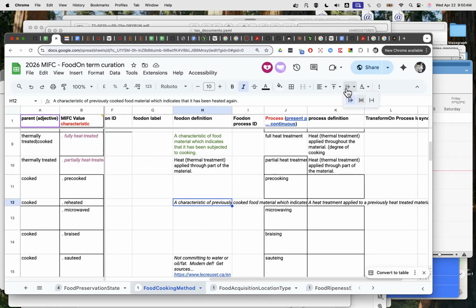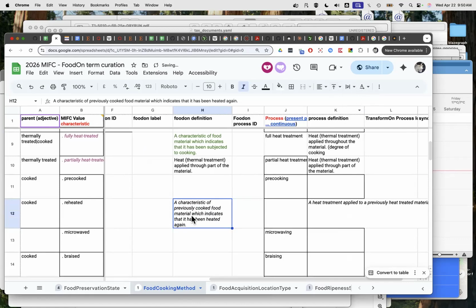I might futz with the pattern a little bit, but that seems reasonable. I would not say that reheated is under the parent cooked. It is under the parent heated, thermally treated.